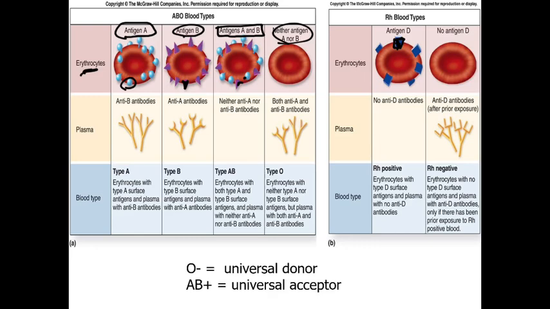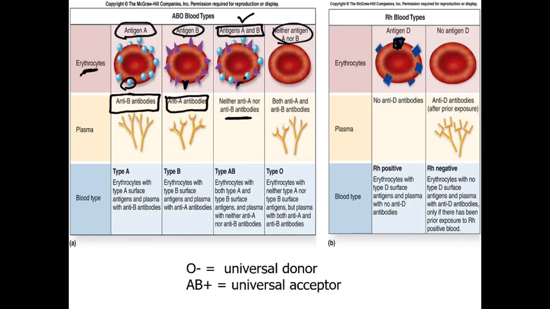Now, if you did inherit the A antigen, then your body would naturally make antibodies against B blood. We would say you make anti-B antibodies. If instead you inherited B blood, you would naturally make antibodies against A blood. If you inherited both of these antigens, you would not make either of those antibodies.